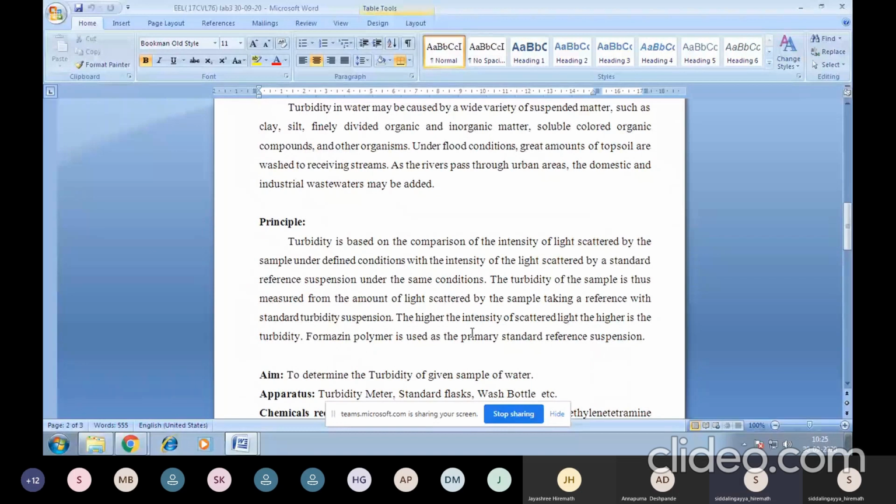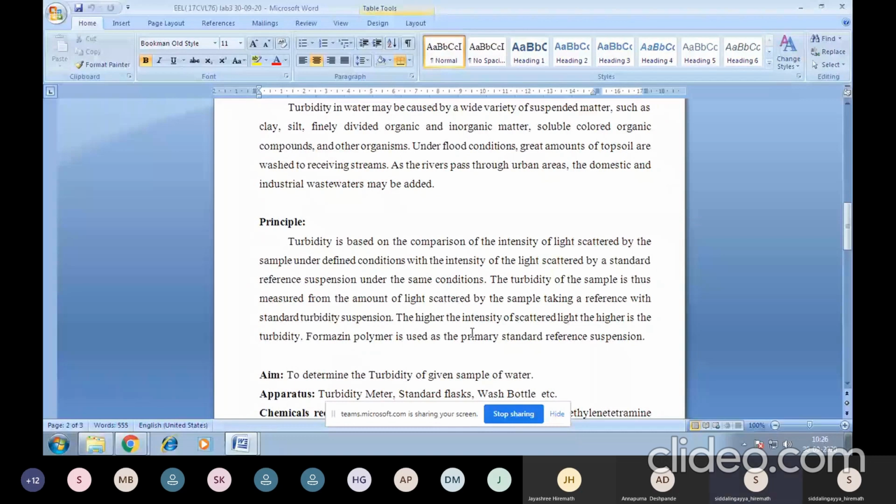The turbidity of the sample is thus measured from the amount of light scattered by the sample, taking reference with the standard turbidity suspension. The higher the intensity of scattered light, the higher is the turbidity. Formazine polymer is used as the primary standard reference suspension.